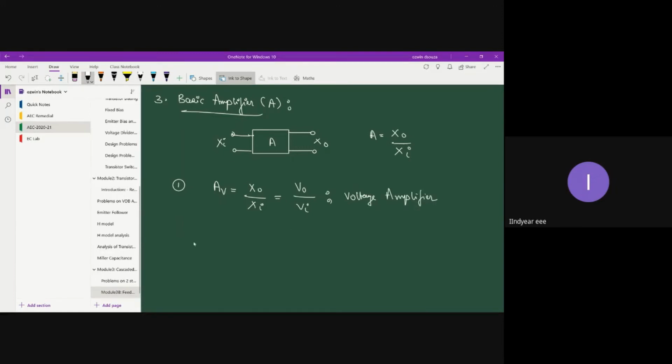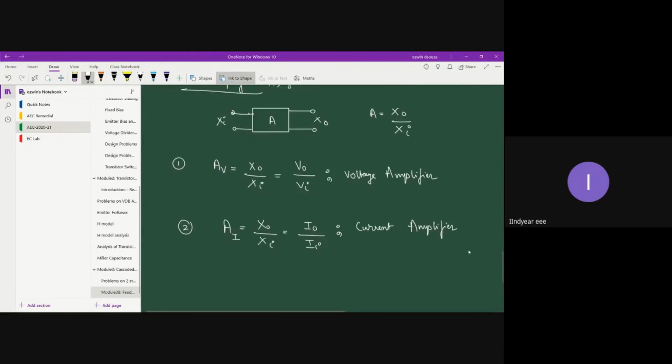Similarly, you can have a gain derived from current signals only. Your output signal is output current and your input is input current, so you are dividing output current by input current. Hence, you get a gain called current gain, and the corresponding amplifier is called a current amplifier.